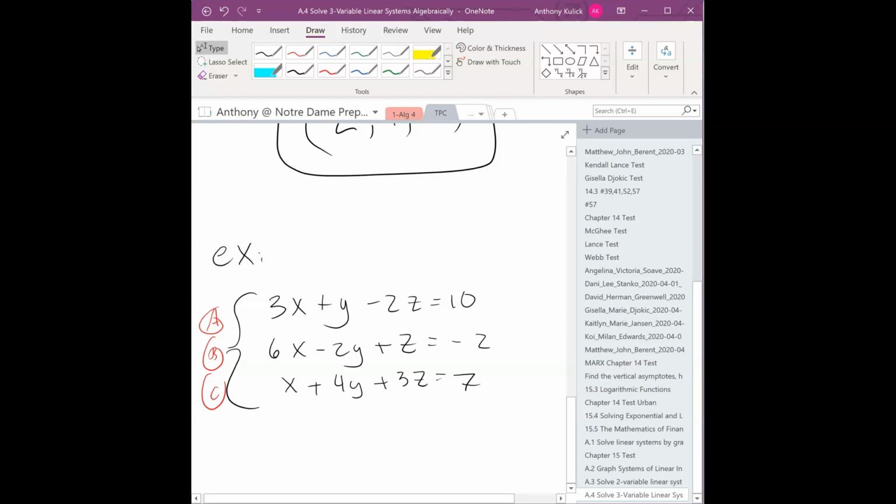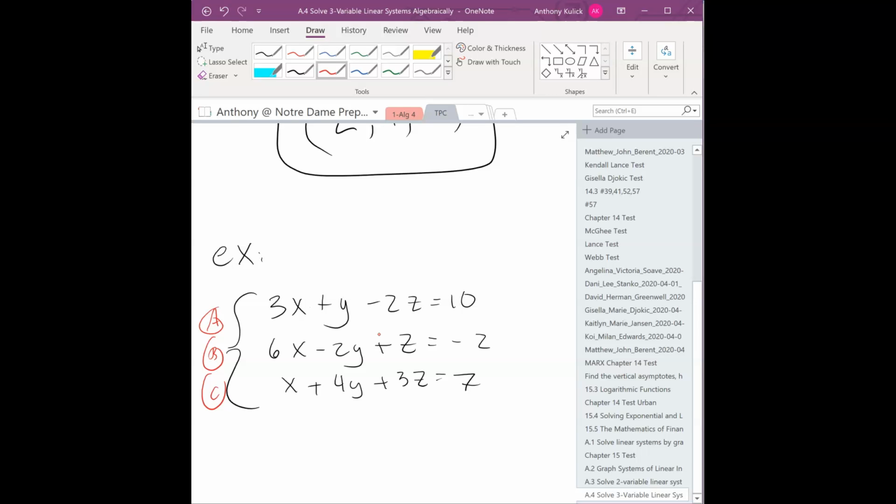So here we have lots of choice because the x in equation C has a leading coefficient of 1, the y in equation A has a leading coefficient of 1, and the z in equation B has a leading coefficient of 1. So it doesn't really matter which one we choose.